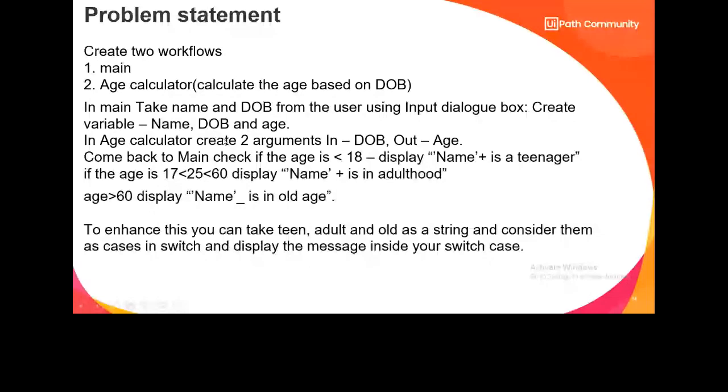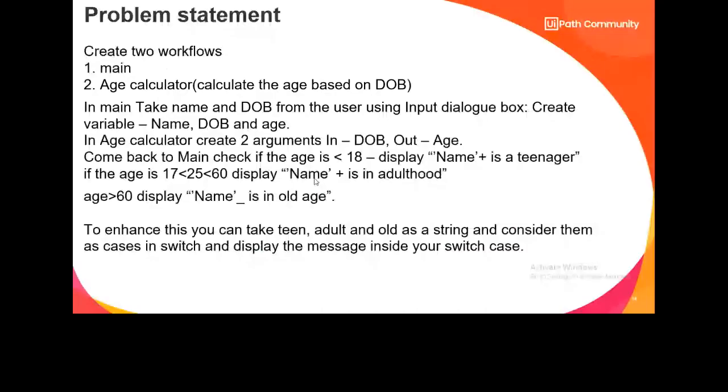And then in the main, you just have to check if the age is less than 18, display the username plus teenager. Or if the age is greater than 18 and less than 60, print the name which the user has given, plus adulthood. You can take the input dialog box to take the age as well as the name.